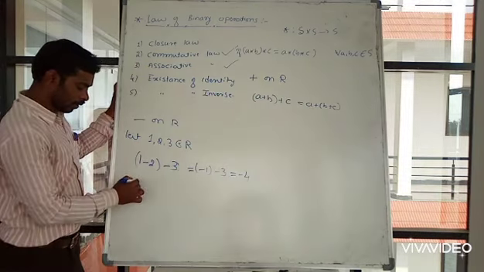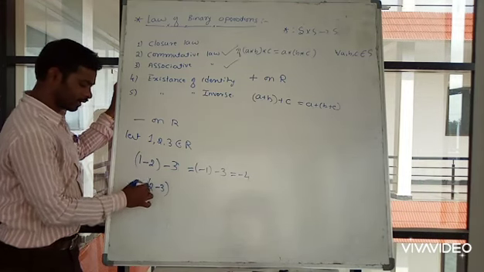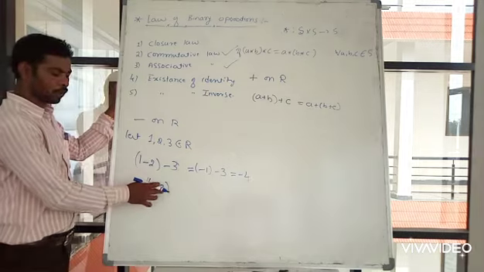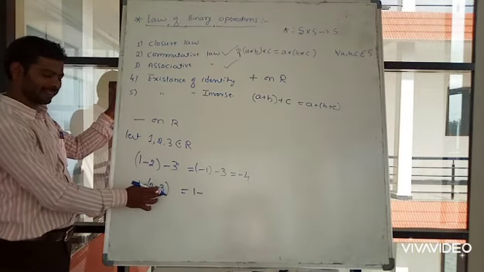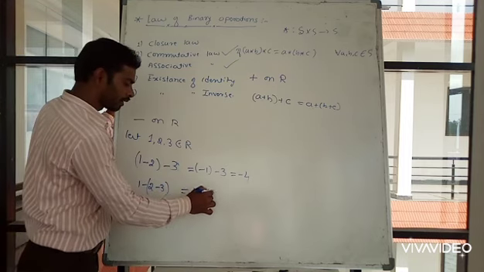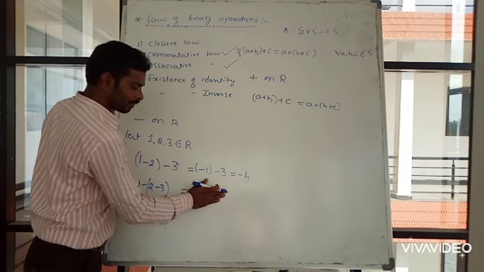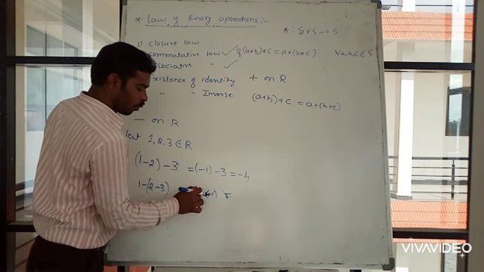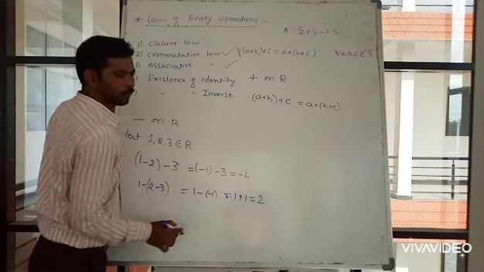Similarly here, 1 minus (2 minus 3). 2 minus 3 is minus 1, and 1 minus of minus 1 is plus 1, which is equal to 2.